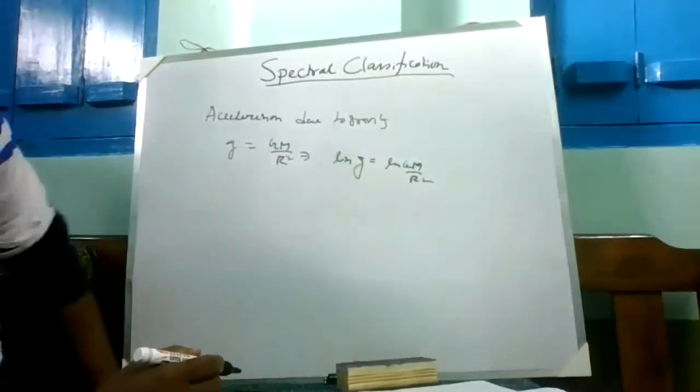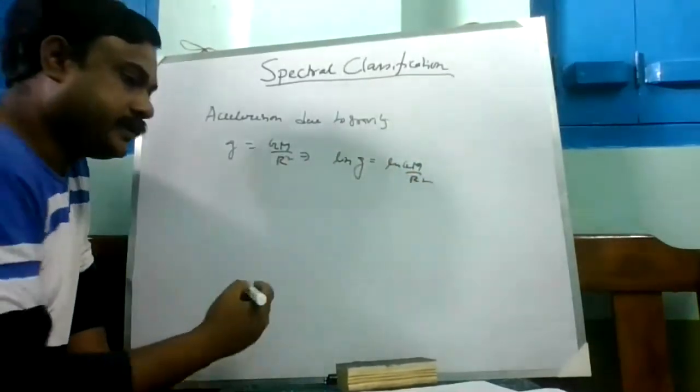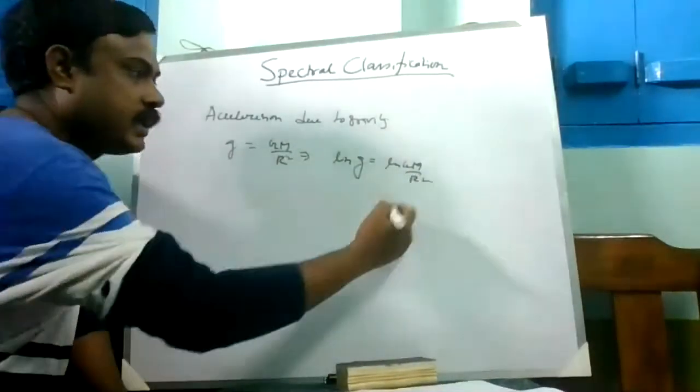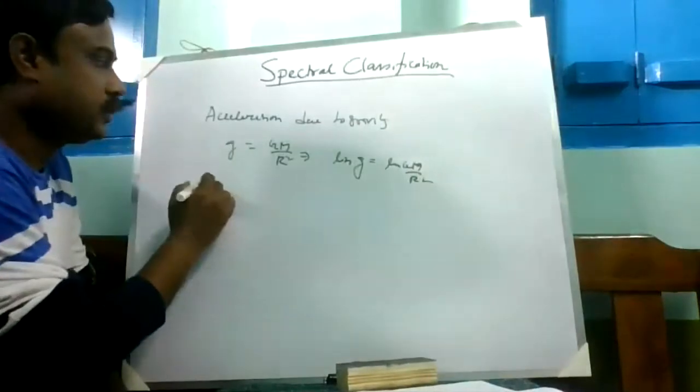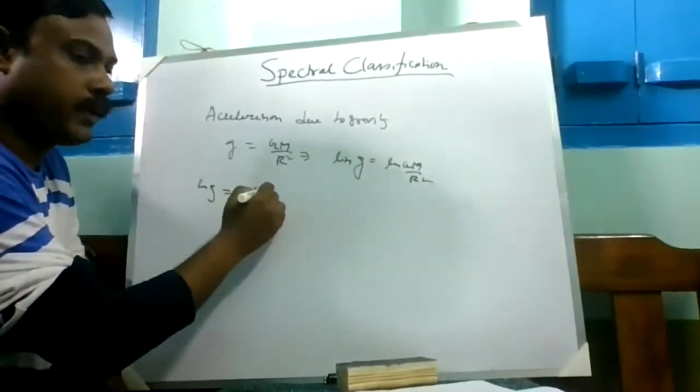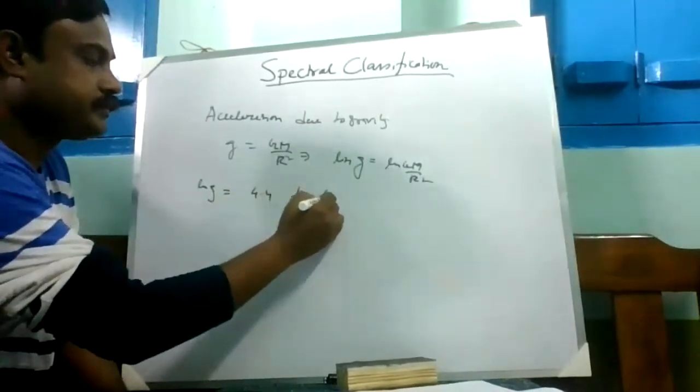Now, if we calculate this for the stars, for the Sun, ln g comes out to be 4.4.